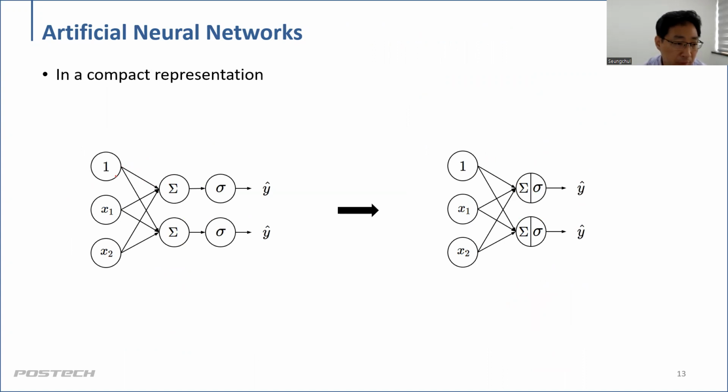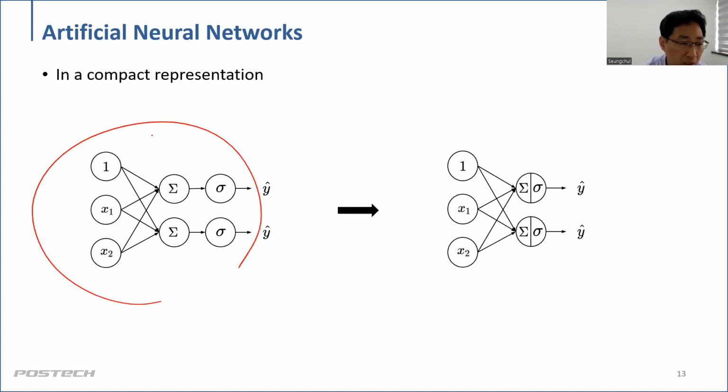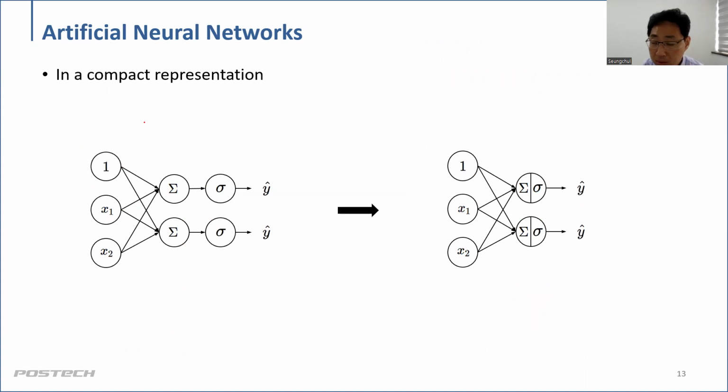This one is the same as the previous one. So here, what more can we do? Think about it. We have inputs, and we do linear combinations and just pass through nonlinear activation functions. And there's nothing in between here, so I can combine them together.